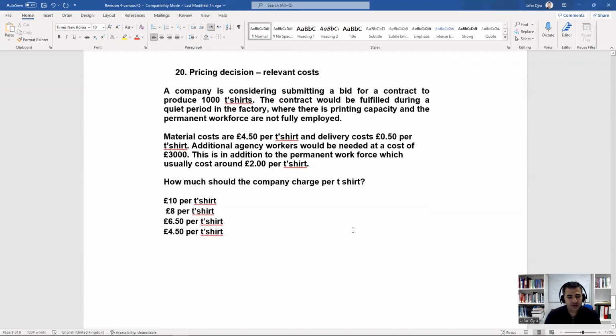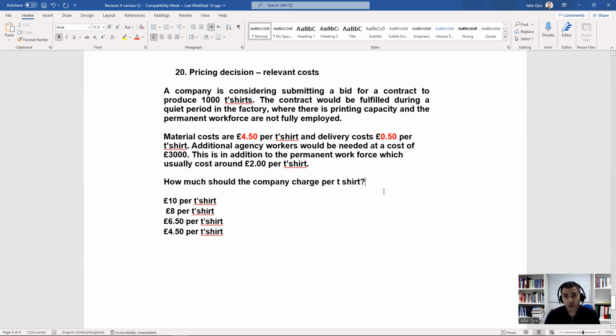Question number 20, pricing decisions. A company is considering submitting a bid for a contract to produce 1,000 t-shirts. The contract would be fulfilled during a quiet period in the factory where there is printing capacity and the permanent workforce are not fully employed. Material cost is £4.50 per t-shirt, delivery cost per t-shirt is 50p.